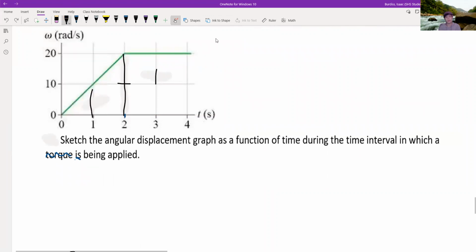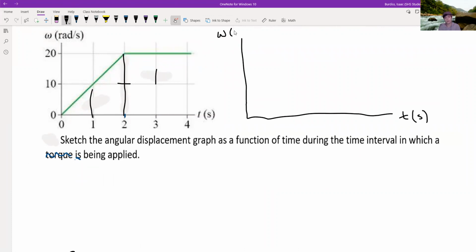So if it's versus time, we have time in seconds still, but instead of angular velocity we have angular displacement, which is radians.